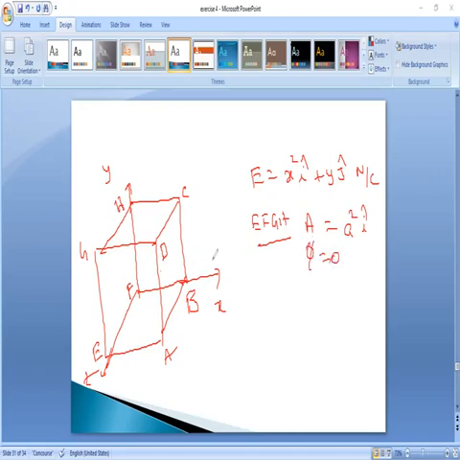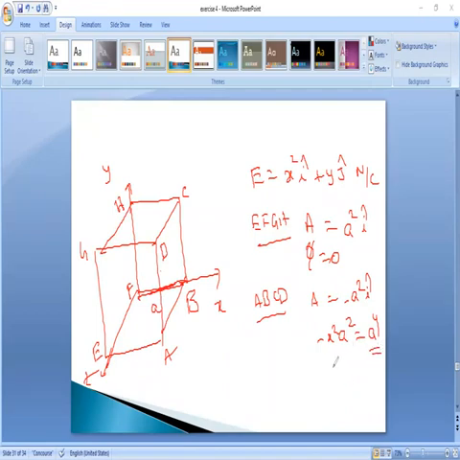And if I consider the surface ABCD, here also area is A square only, but of course in this case you take the area along the negative x direction. So again, if you take the dot product between E bar and A bar, it will be x square into minus A square, that means minus x square A square. But here the x value is given as A. So finally it will be A square into A square, which is A power 4.